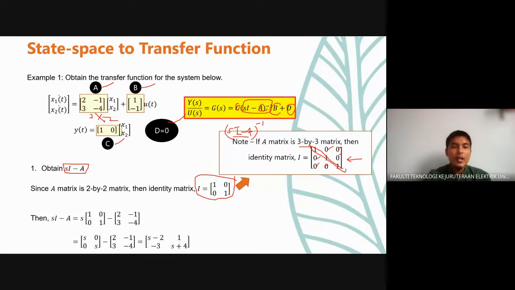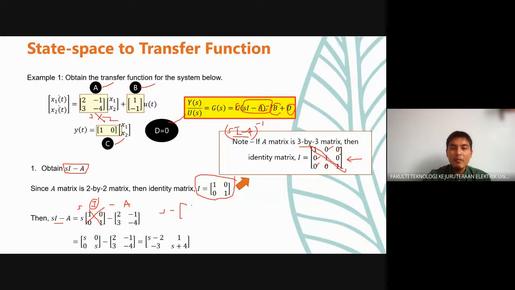Okay, so now we need to find sI minus A. This is s, this is I, minus A. So why do we need the identity matrix? Because if you didn't have the identity matrix here, you cannot do s minus this matrix.